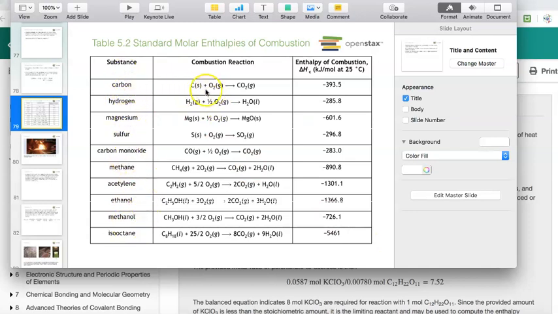We have combustion of carbon, hydrogen, magnesium, sulfur, some hydrocarbons, methane, some alcohols, ethanol, etc. You can see the values here of enthalpy of combustion, and those values are in kilojoules per mole at standard state conditions, so it's 25 degrees C, 1 atmosphere pressure. Concentrations are 1 molar if we're starting out with liquid.